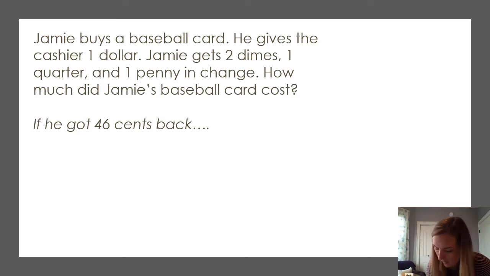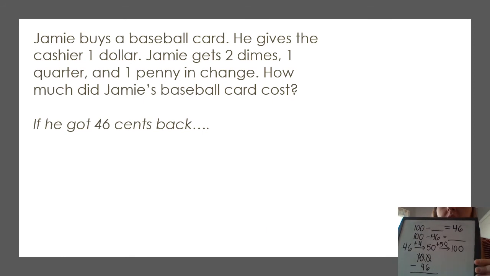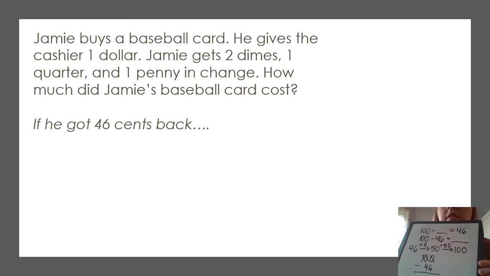Again, you could do 100 minus 46 in vertical form. Can we take away 46 from 0 tens and 0 ones? No way. We have to unbundle 100 and make it 9 tens, 10 ones.